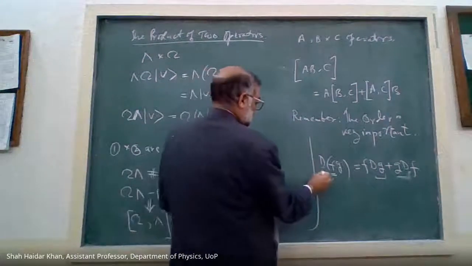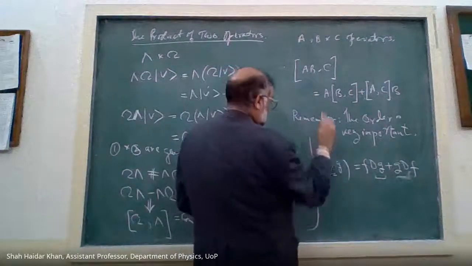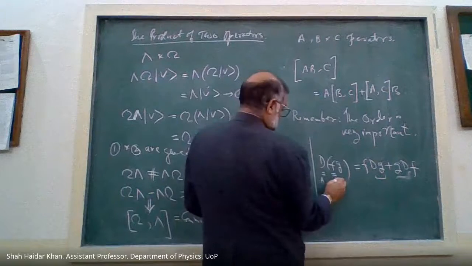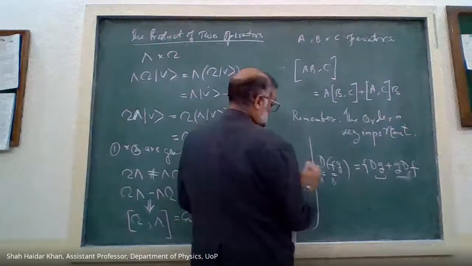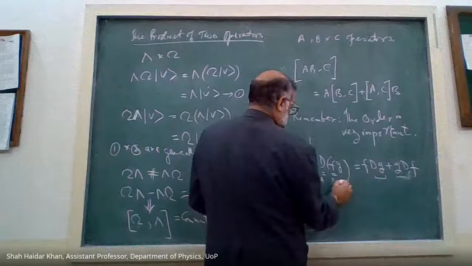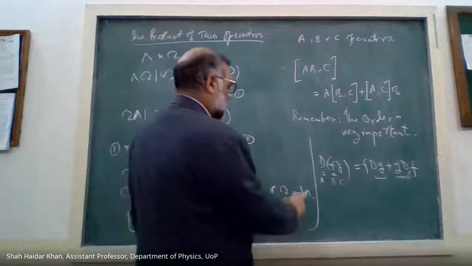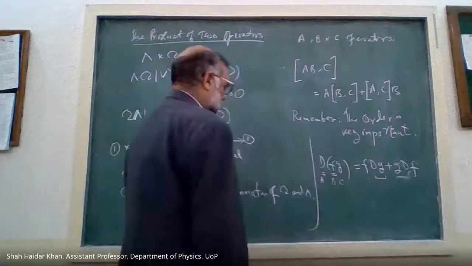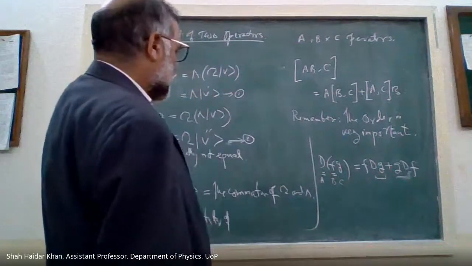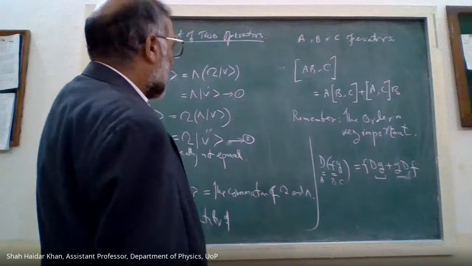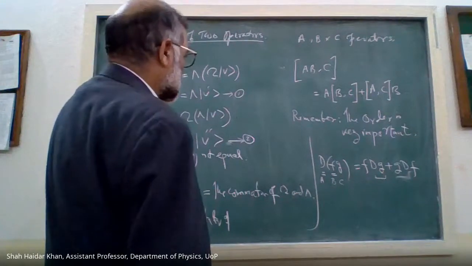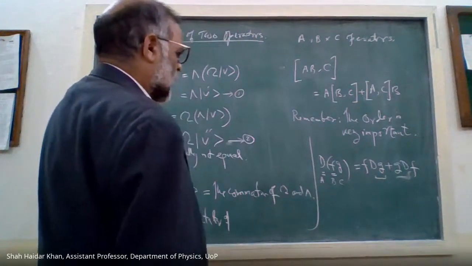This is A, and that will be my B, and then G will be my C. So first function. So it is not like that. If I say A, so whatever.